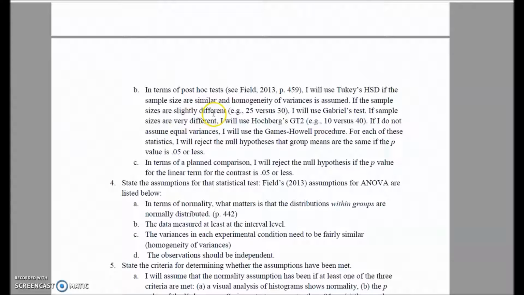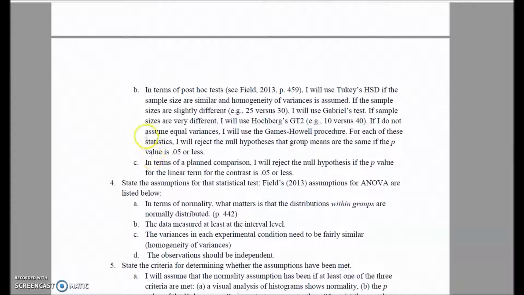If the sample sizes are different, that means if one had 5, another had 10, another had maybe let's say 12, then Gabriel's test for post hoc is done. There is also another one. If they are slightly different, we have Gabriel's, but if they are very different, like if I have 5, 20, and one is like 30, because 5 is very different from 30, that is when we do the GT2 test.